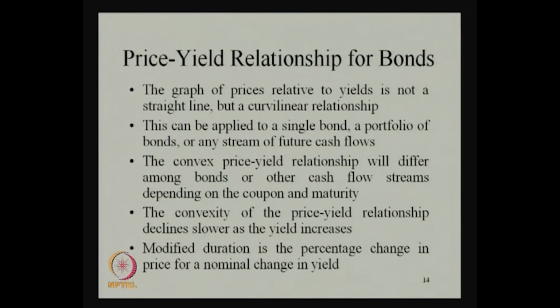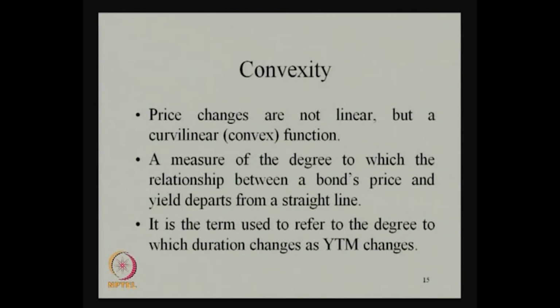Modified duration is the percentage change in price for a nominal change in yield, as we have already discussed. If you assume that price changes are not linear, but a curvilinear or convex function, then a measure of the degree to which the relationship between a bond's price and yield departs from a straight line is generally defined as the convexity.